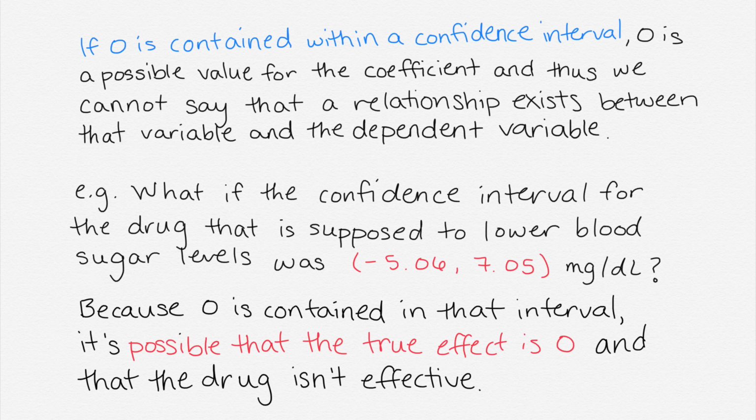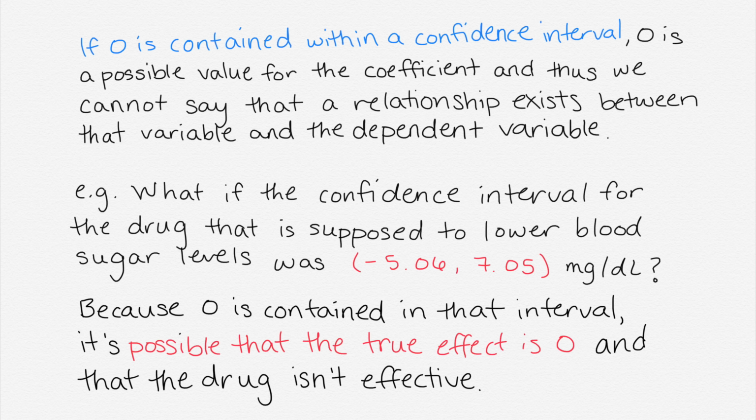Lastly, I wanted to touch on the importance of 0 being contained within a confidence interval. If 0 is contained within the interval, that means it's a possible value for the coefficient that we're interested in. That in turn means that there isn't necessarily a relationship between the explanatory and dependent variables that we were examining. This is a bit easier to understand with an example though, so let's go back to the blood sugar drug that we were just talking about.